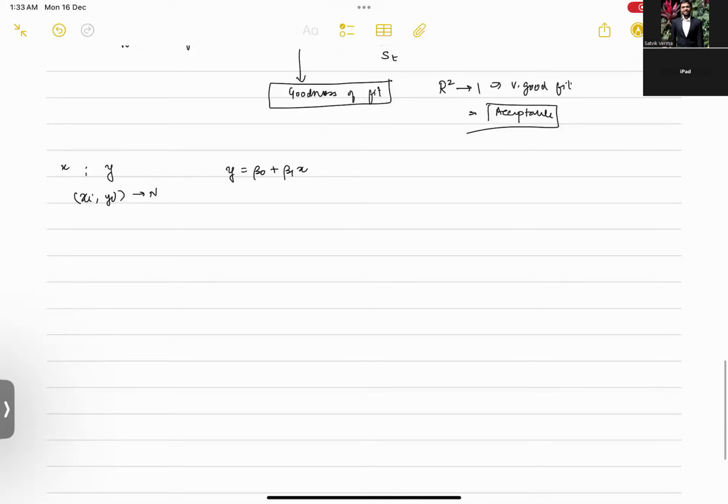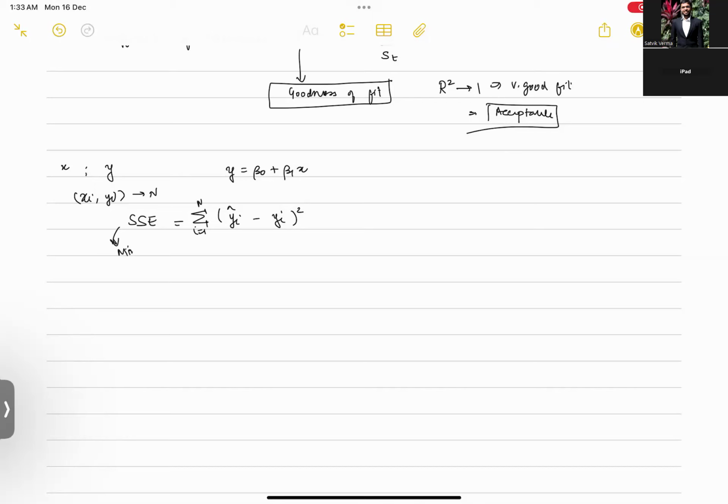All right. And in order to establish this linear relationship, we have to show that the predicted value, which is yi cap, which is just beta naught plus beta 1 xi, minus the actual value, the square of this, and when we add it for all data points, this has to be minimum.